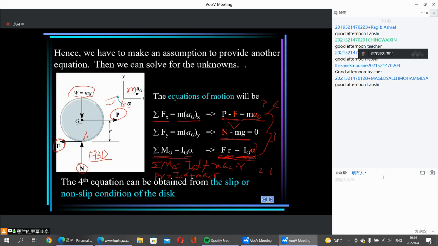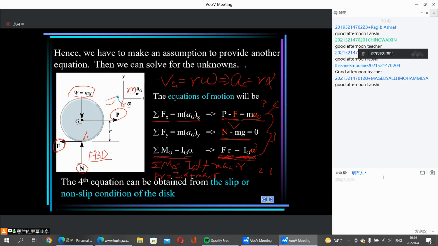Somebody says we have done this before. We say Vg equal to R omega. So accordingly, we have Ag equal to R alpha. But when will this be correct?